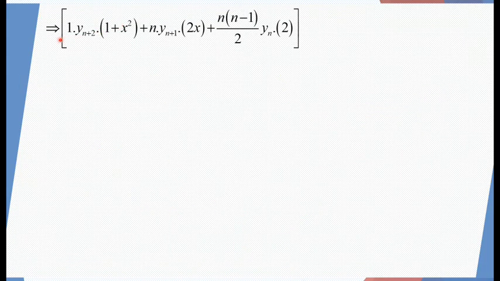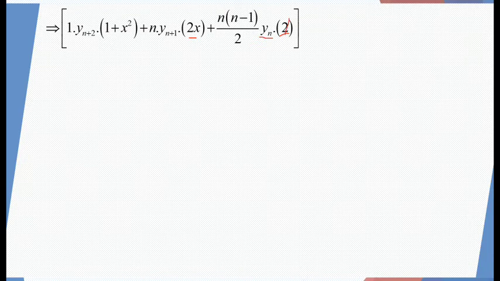So nC0 is 1. The nth derivative of y2 is y(n+2) into (1 plus x square) as it is, plus nC1 is n, (n minus 1)th derivative of y2 is y(n+1), and the first derivative of 1 plus x square is 2x, plus nC2 is n into (n minus 1) by 2, and (n minus 2)th derivative of y2 is yn, and the second derivative of 1 plus x square is 2.